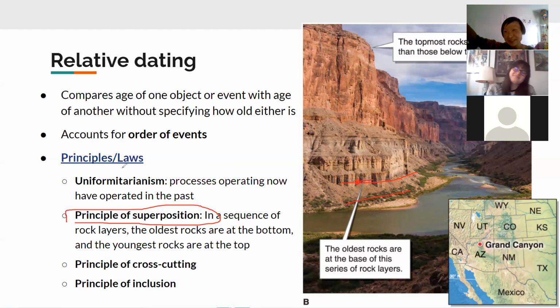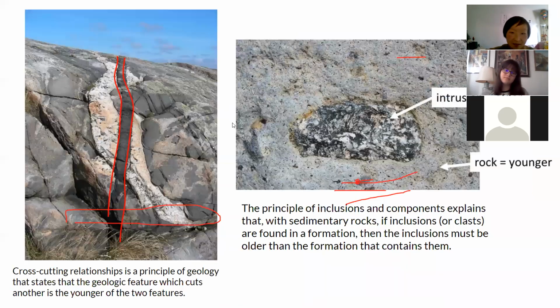So this is true, right? Now we know the top one is the youngest one, and the bottom one is the oldest one. Make sense, guys? Yes? Okay, all right.